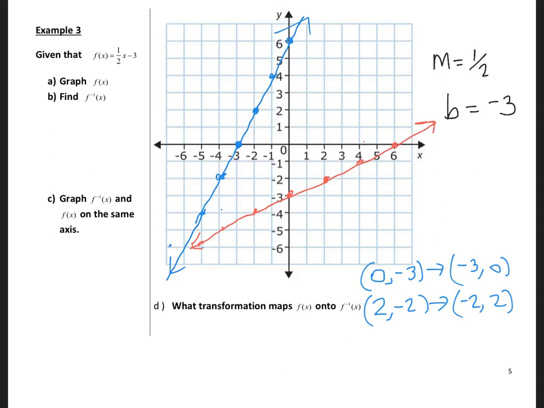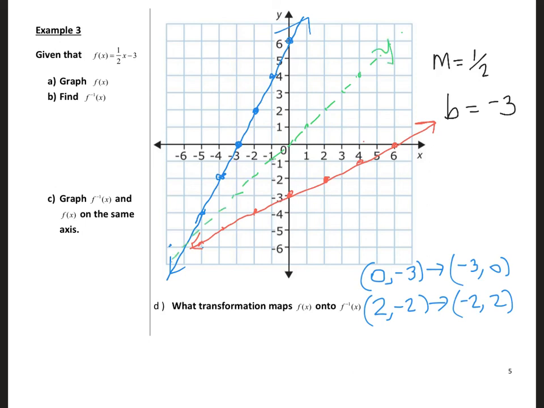And when you look at these two, what transformation maps f of x to the inverse? I want you to see that this is a transformation along this line here, and I'm going to show a dashed line here because it doesn't exist in the original.